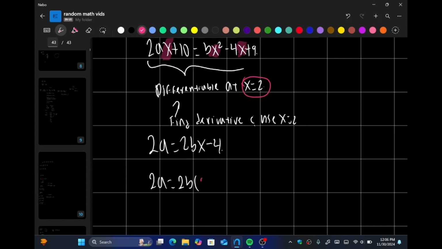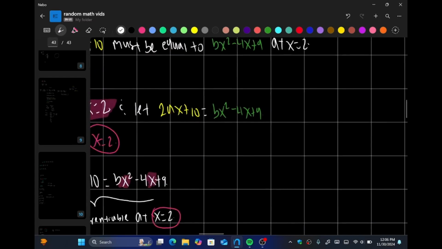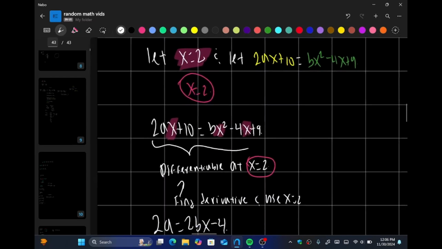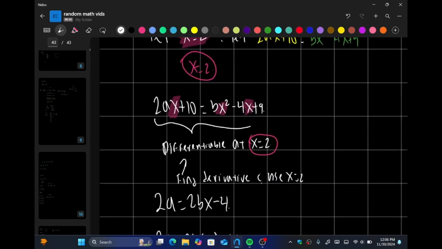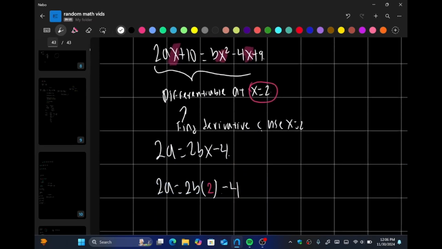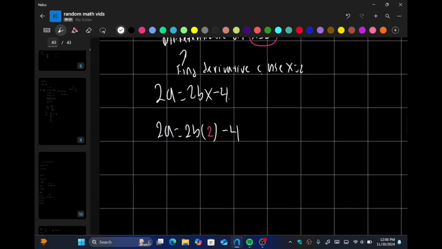So this is, I will admit, guys, a hard one, minus 4. You want to remember that because it's differentiable, we can find the derivative of both sides and then plug x equals 2 in for the x value. So then we get 2a equals 4b minus 4.